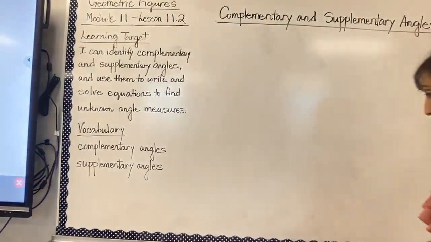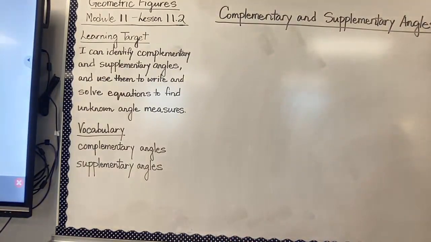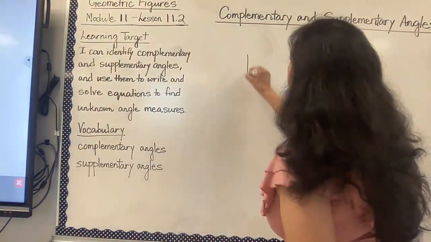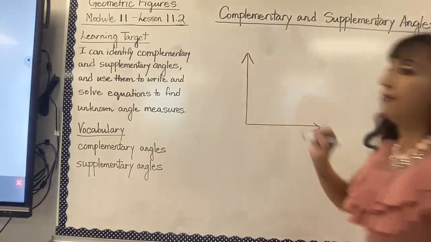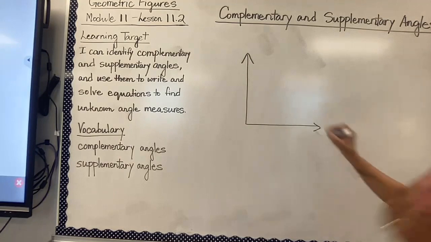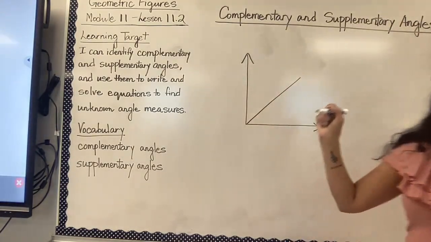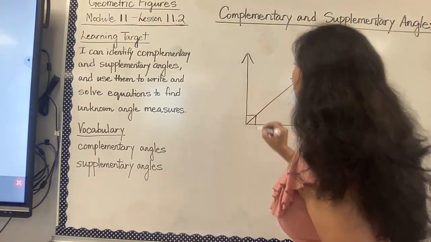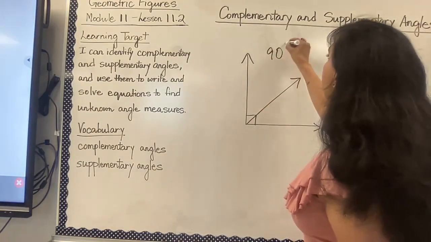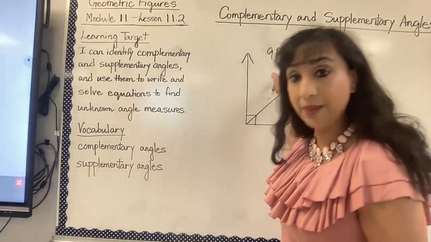Okay. So, if I draw it out, complementary angles, if I have this given to me, complementary angles basically, y'all, that is nothing but two angles that equal 90 degrees. So the sum of two angles that equal 90 degrees is complementary.